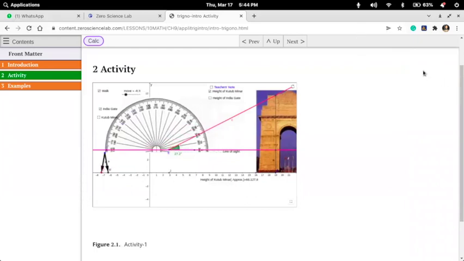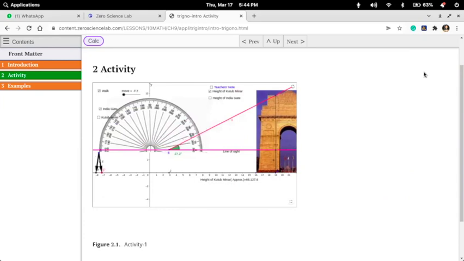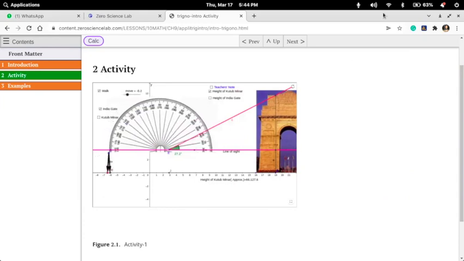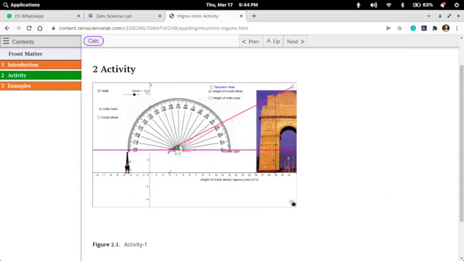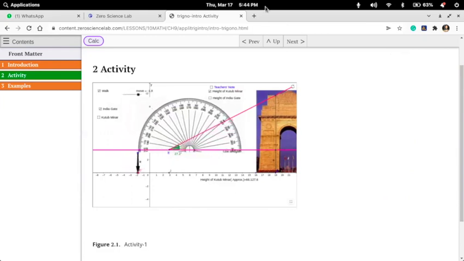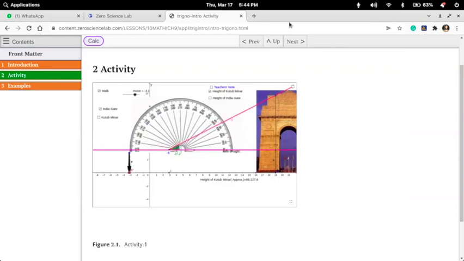Yes, sir. Now you're audible. Okay, so I changed the internet connection. Is the screen share working? Yes, sir. Fine.